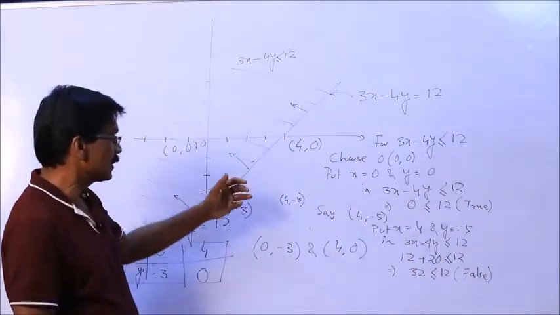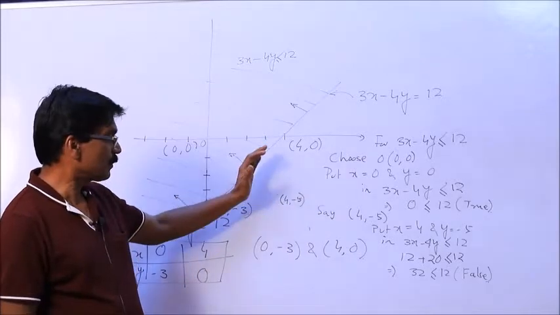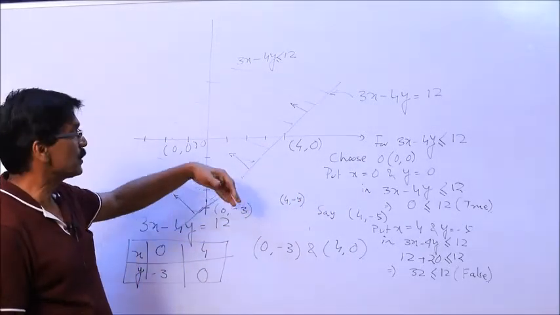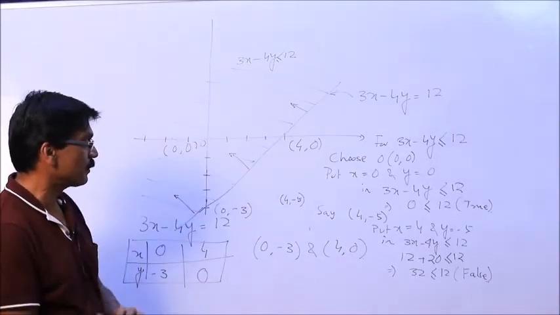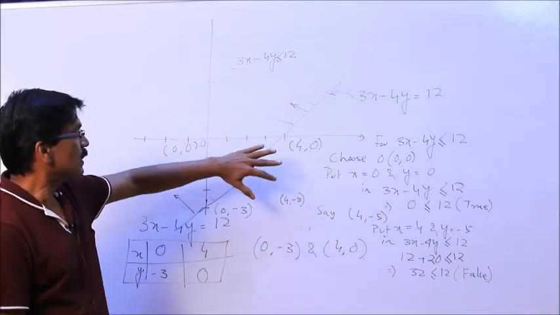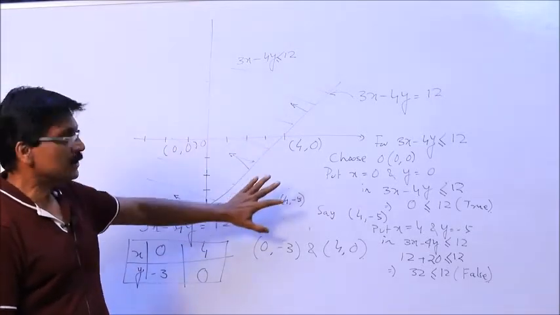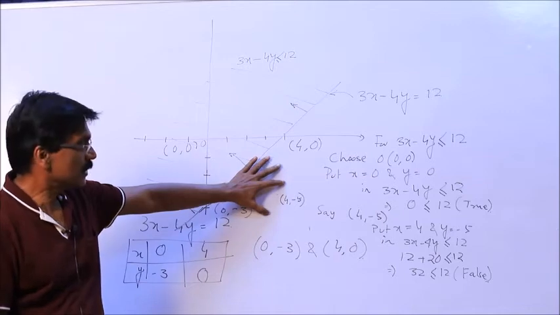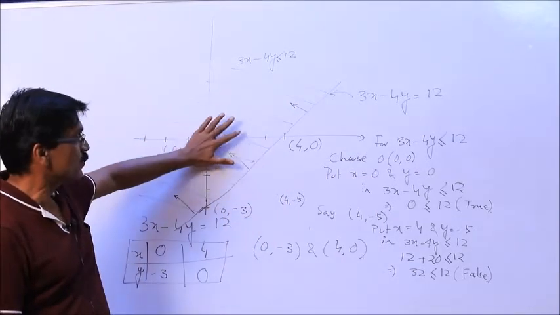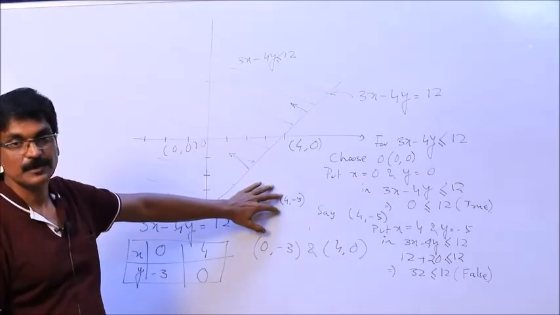False means it is away from this point, true means it is towards the point. So, we can take any point on the plane; if it is true then it is towards the point, if it is false, it is away from the point.